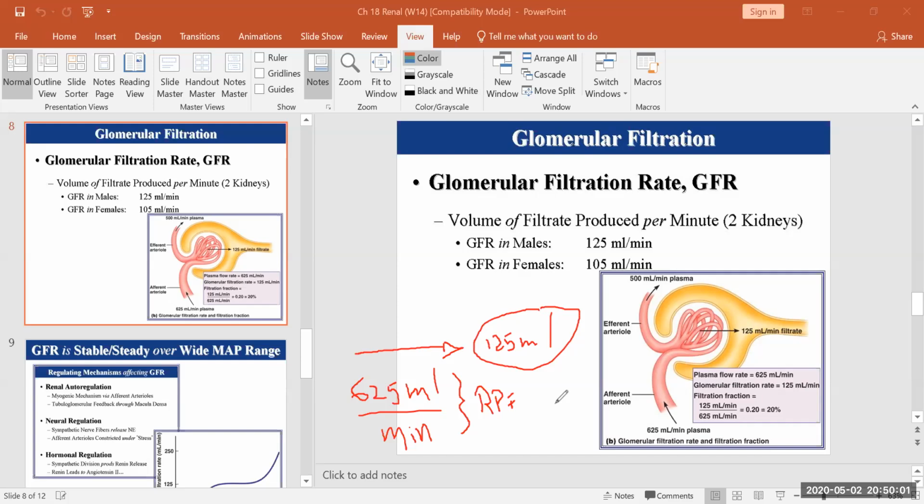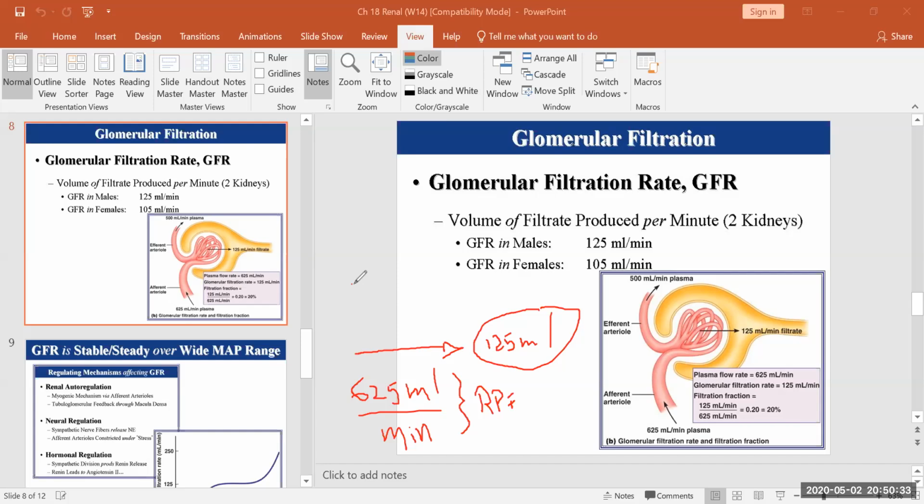This is an important concept, guys. In other words, the anatomy of the nephron, the relationship between the nephron and each glomerulus, will not allow blood plasma to be cleansed at 100%. So it's only a fraction of what comes in that will be filtered.